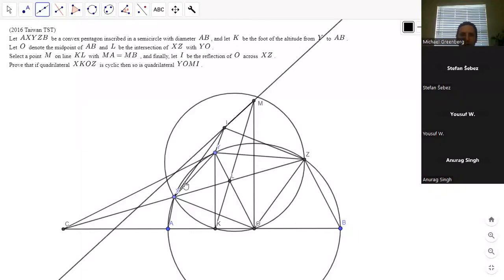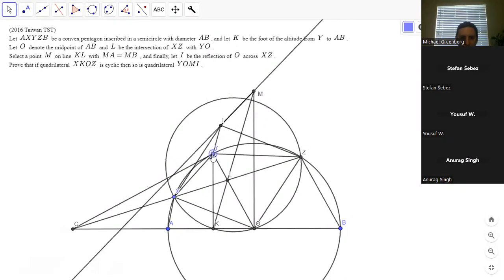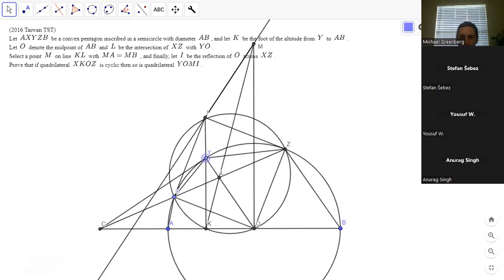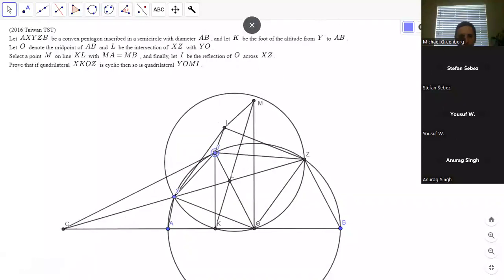It almost looks like, I mean, it's probably not an angle bisector, but... So is there some other point on this that might be useful?